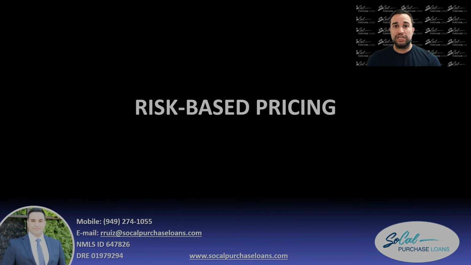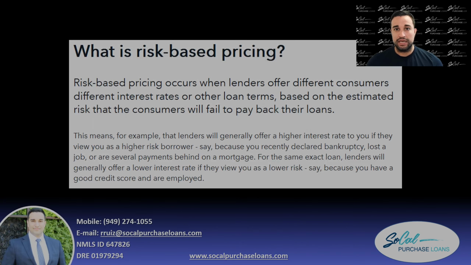Here's the big concept that you have to understand. It's called risk-based pricing. And here's the definition from the Consumer Financial Protection Bureau. Risk-based pricing occurs when lenders offer different consumers different interest rates or other loan terms based on the estimated risk that the consumers will fail to pay back their loans.